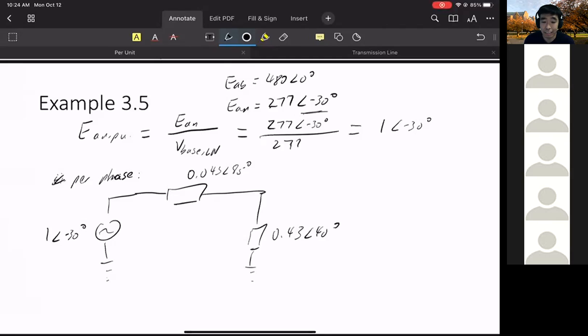Where does the angle go? Now you can just know where to look up these angle changes. But do remember there's an angle shift. In this problem we explicitly give that the line to line is angle 0, so the line to neutral is not angle 0 anymore. It's minus 30 degrees.